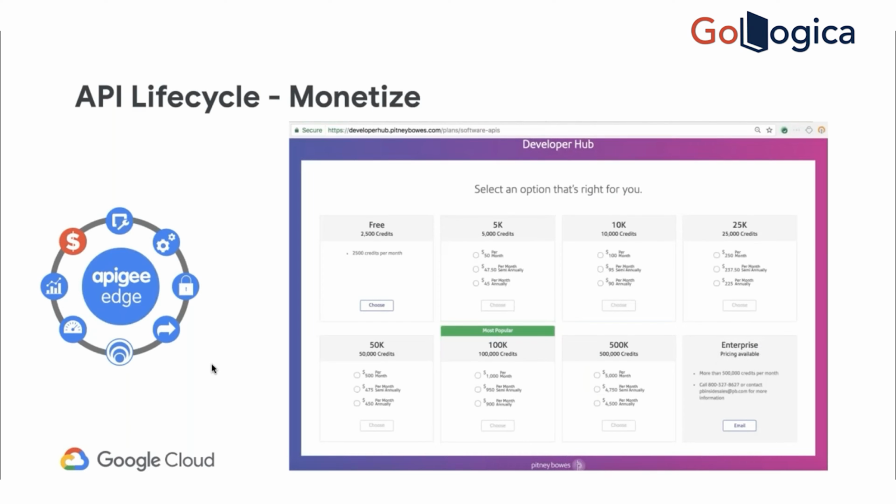And next is the monetization part. The way it works is, when your API program becomes quite mature, and when I say mature, it means it is stable for a few years now. Everyone is able to onboard.